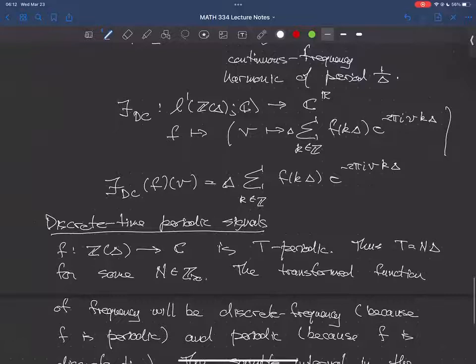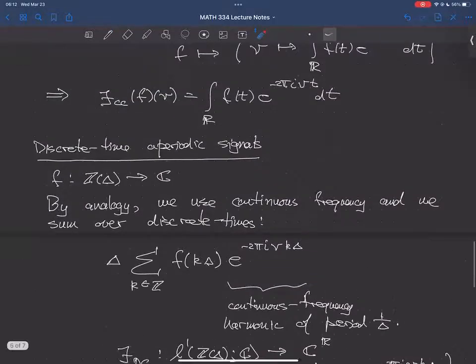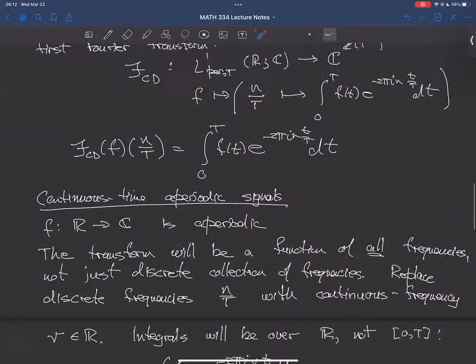I'm going to combine this formula, which involves summations, with this formula, which involves periodicity.